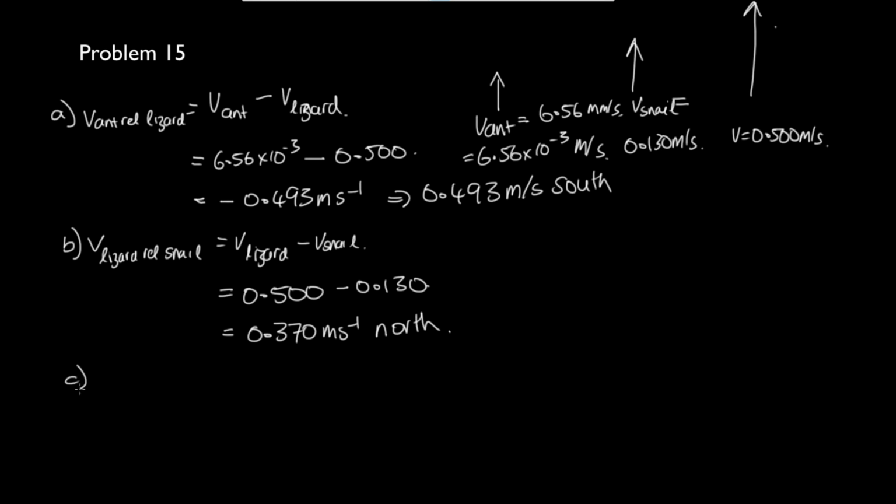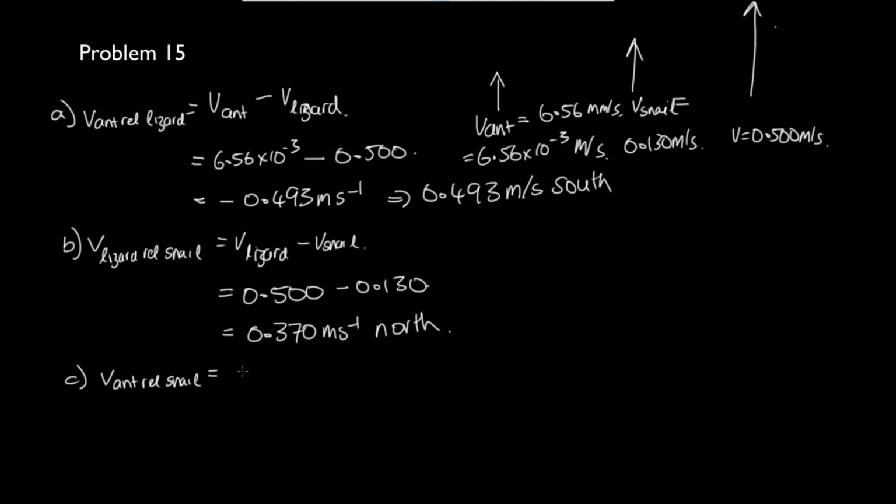And then finally, part C. We're asked, what is the velocity of the ant relative to the snail? So the velocity of the ant relative to the snail. So while if we were the snail, it looks like the lizard is getting further and further ahead, it would look like the ant was getting further and further behind.